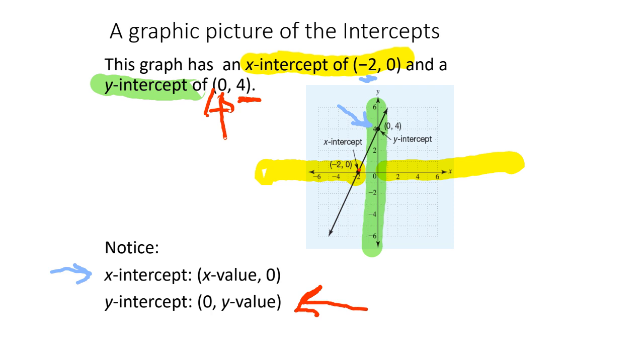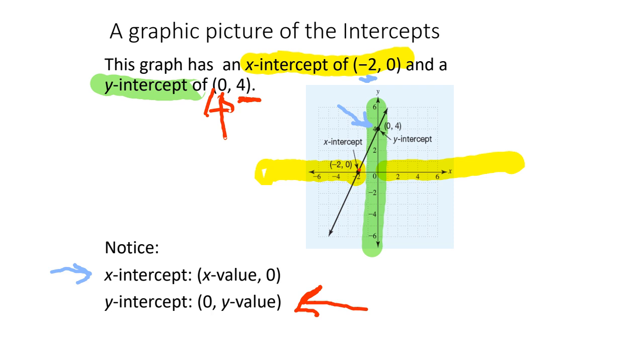If we know the x-intercept and the y-intercept point, we have a line that we can connect the 2 dots as shown in this picture. 2 points make a line. The x-intercept and the y-intercept make a line.